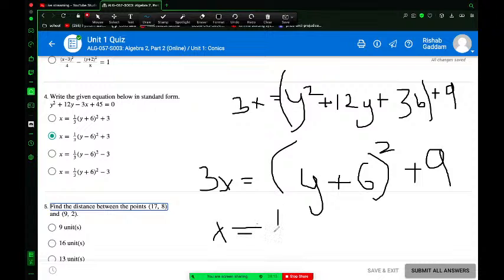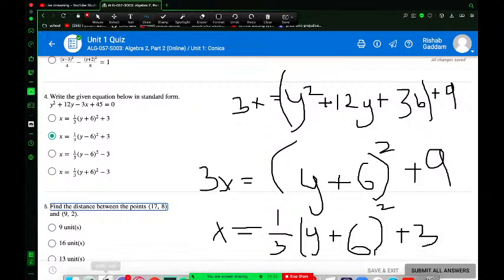So if we do that, this becomes x equals 1 over 3 times y plus 6 squared. And we can't forget about doing 9 divided by 3 either. And 9 divided by 3 is still 3. So yeah, that's what we get.